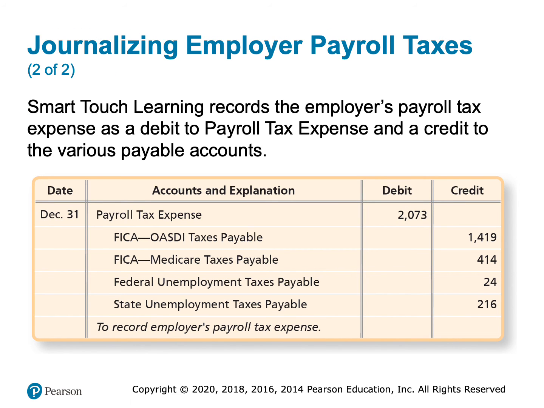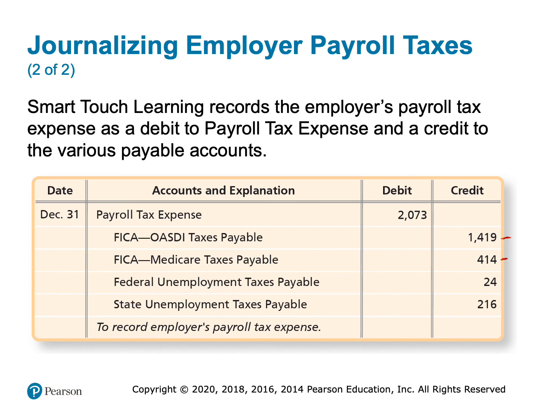So for example, the employer has to go back. Notice they're going to debit payroll tax expense for another $2,000. They've matched the Social Security and the Medicare, and they've calculated the FUTA and SUTA amounts. So the total expense for payroll is more than the employee's gross pay.